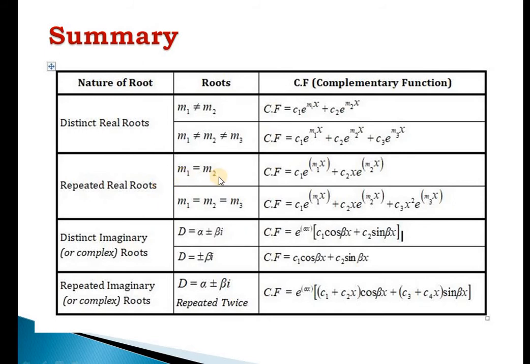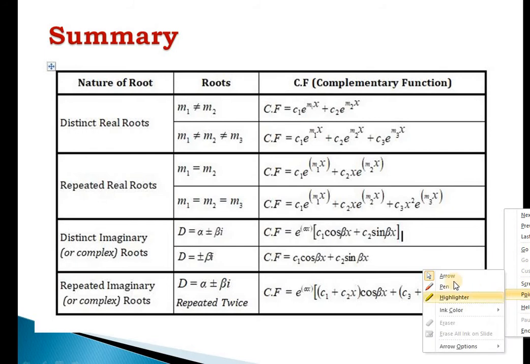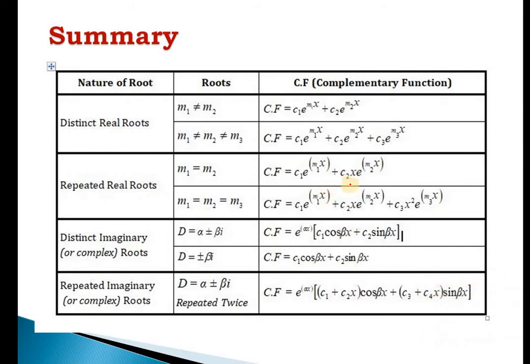So if m1 is equal to m2 and it occurs 4 times, then its complementary function is C1 plus C2x and so on, e raised to m1x. So you can write this as C1 plus C2x into e raised to the common root mx. Okay, repeated.